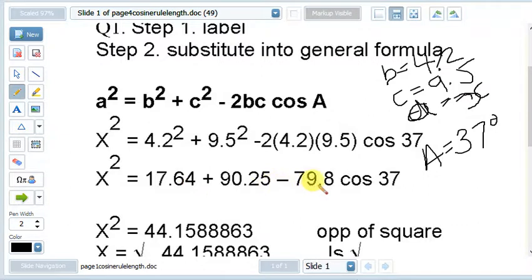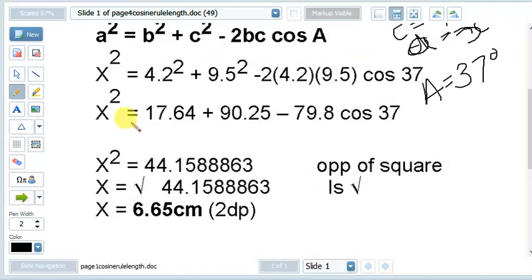Then we simplify, and after we've simplified we get down to x squared equals 44.1588863. So now we're trying to get the x by itself, so therefore we've got to circle our x squared, move it across the equal sign, and it becomes the opposite of squared.